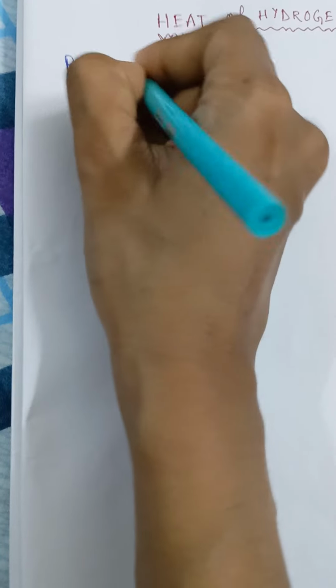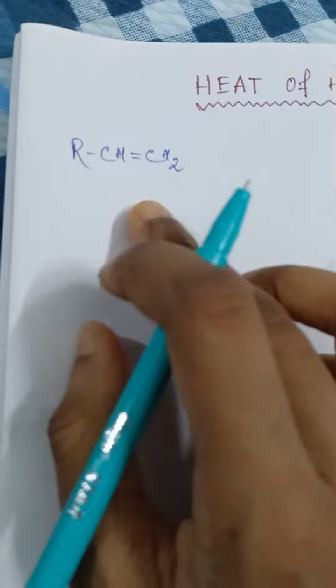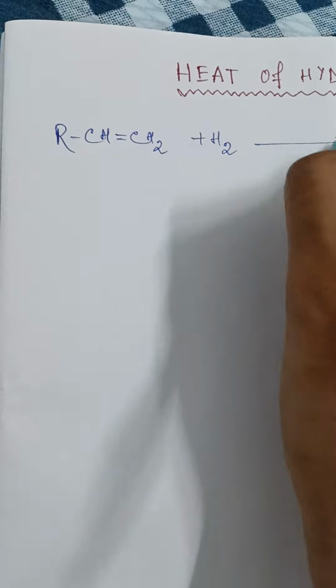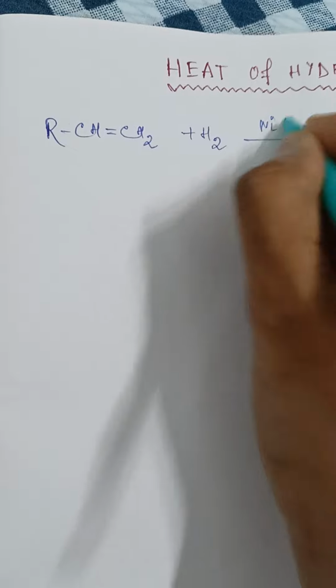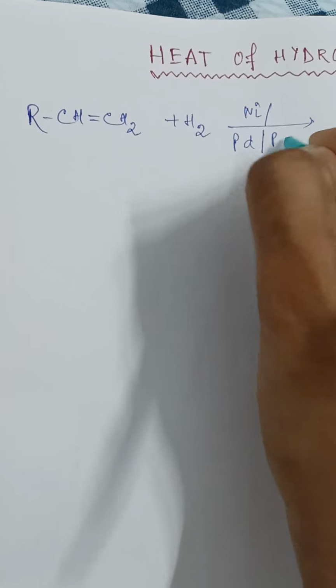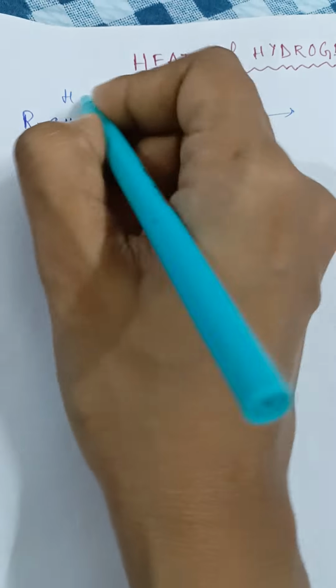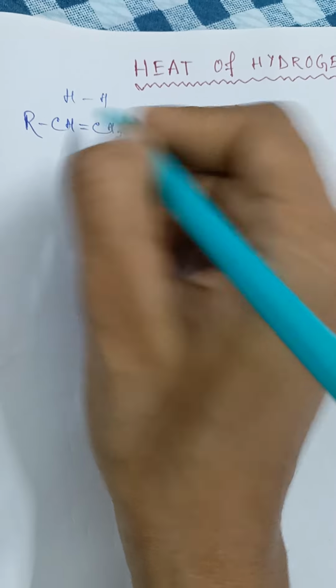Suppose this is an alkene. Now, when it reacts with hydrogen in presence of nickel or palladium or platinum, what will be produced? The hydrogen will be attached here, and it will produce RCH2CH3.